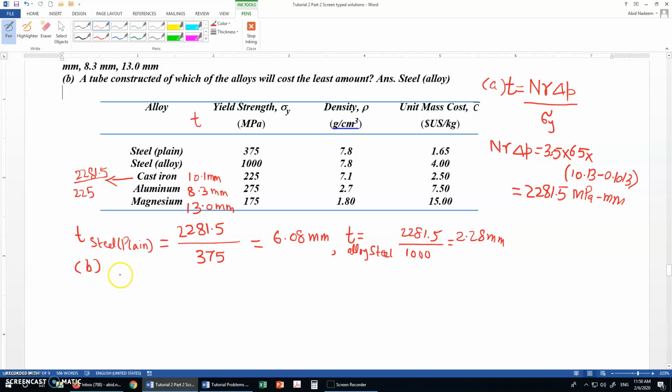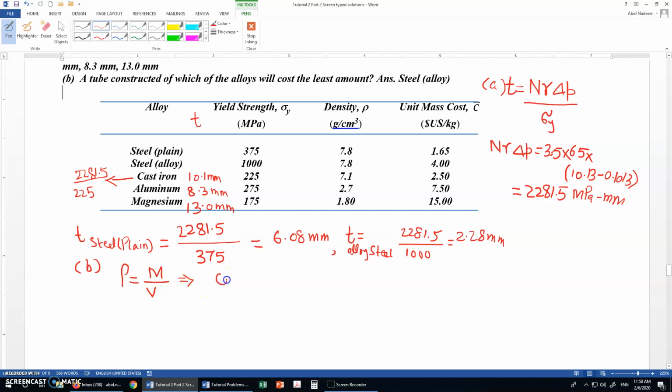We have also been given the density. We know that density is equal to the mass per volume. If the density is represented by rho, mass by m, and volume by v, we know the density, and the cost is based on the mass.